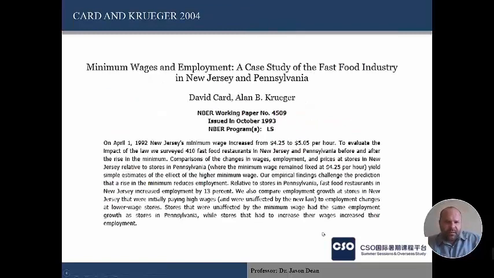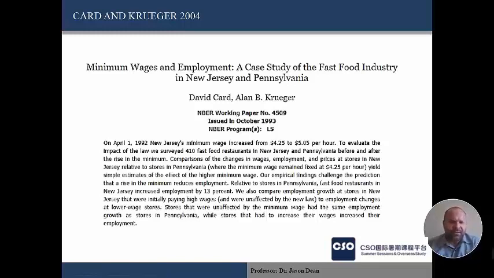This is the abstract for the Card and Krueger paper. What happened in New Jersey in 1992 was that they increased the minimum wage from $4.25 to $5.05 per hour.